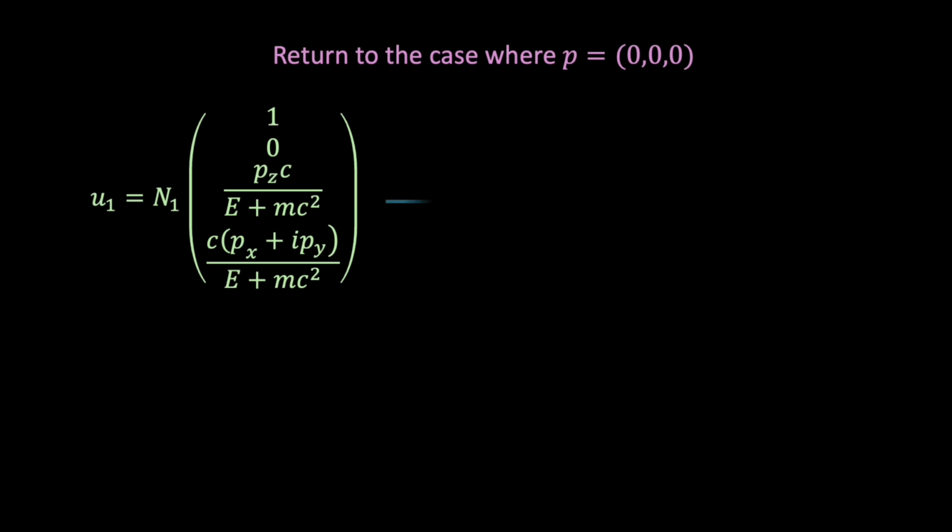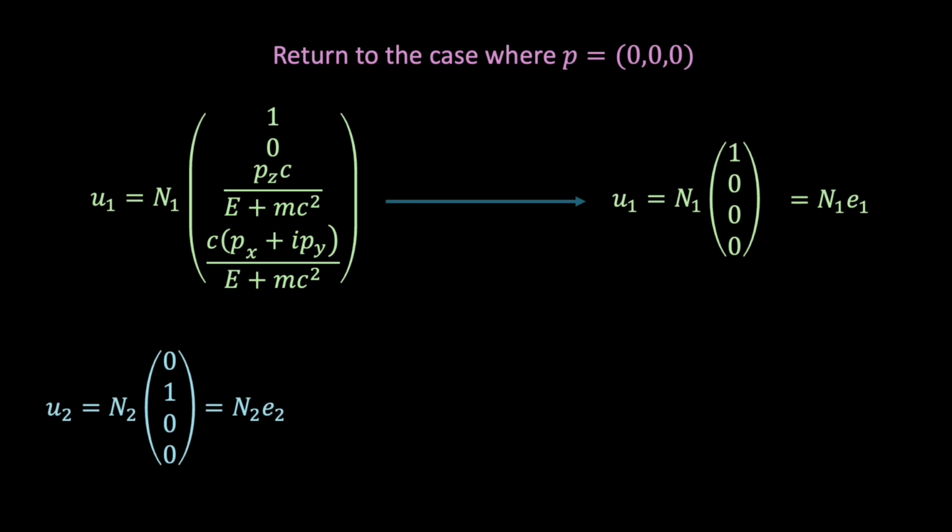Let's now confirm this interpretation by returning to the zero momentum case p equals (0, 0, 0). In this limit, the momentum-dependent terms in each spinor vanish, and the solutions reduce to simple combinations of the basis eigenspinors we identified earlier. For example, if we take U1 and set p equal to 0, we see that it reduces to a multiple of the basis eigenspinor E1.